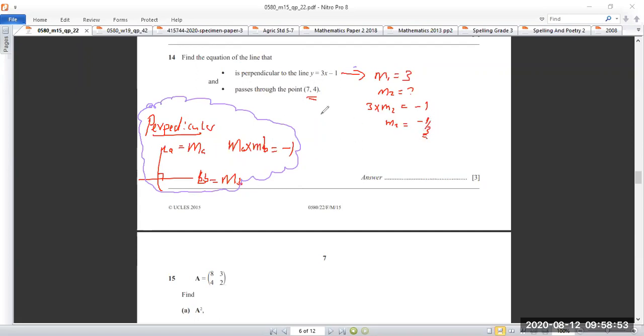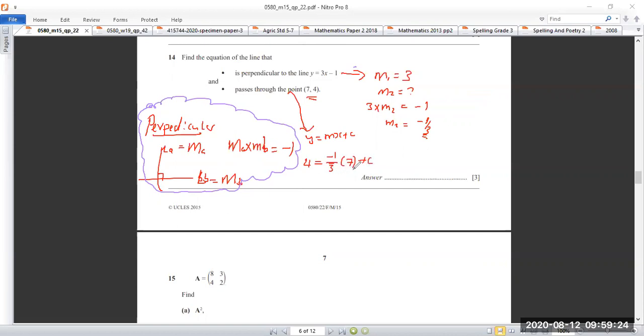So now look at this equation. You know y is equal to mx plus c. We already have m and we have this point. So we have y, that is 4, is equal to negative 1 over 3 multiplied by 7 plus c.